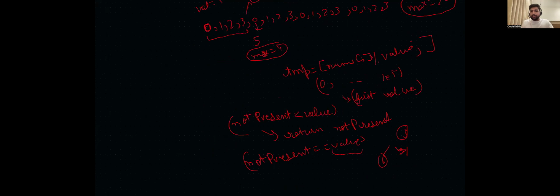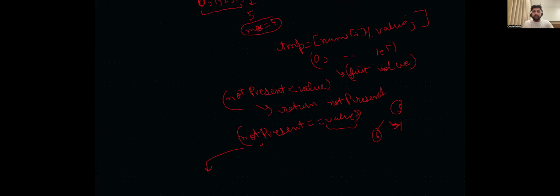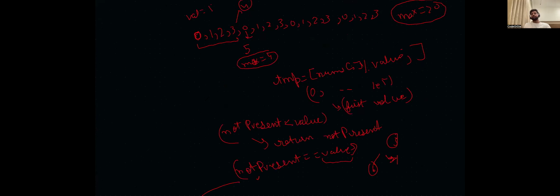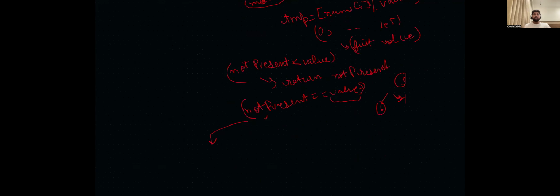So in this thing, now how can we do this? Let's check. So this is very much clear, I guess. If the not present value is less than value, you just return the not present value. But if it's equal to value, then how do you go about it?